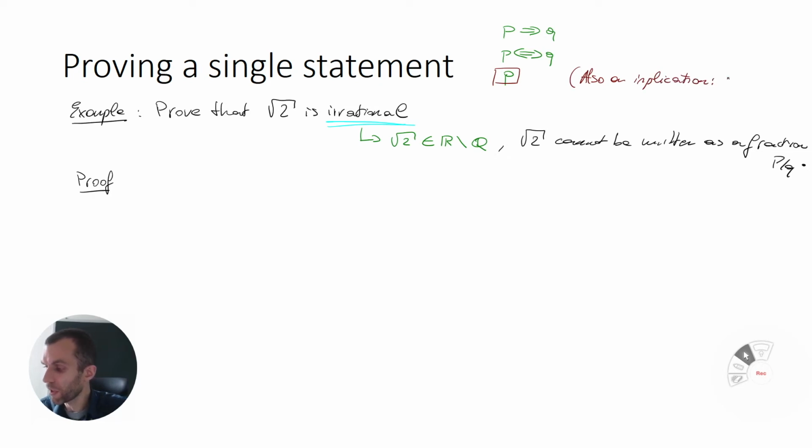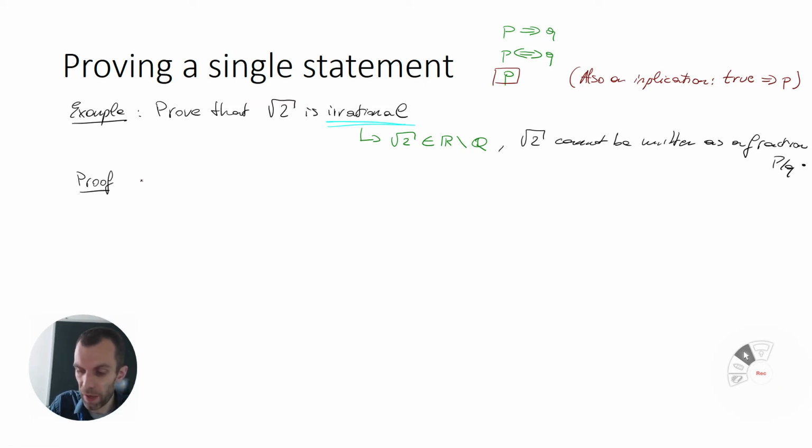But it is an implication where you start from a statement that is trivially true, and then you prove the thing that you want to prove. So in a nutshell, things like proof by contradiction are also going to work here, and they'll even be a bit simpler. So let's go back to our square root of 2 and let's prove that.